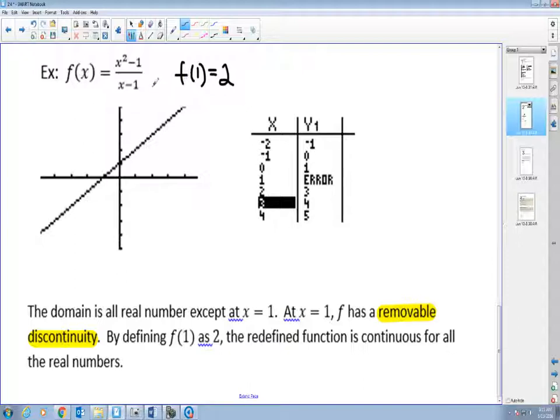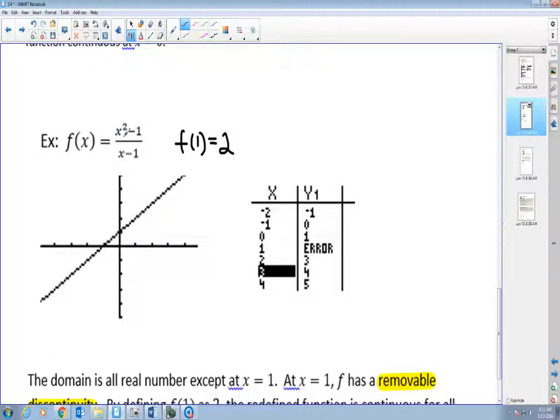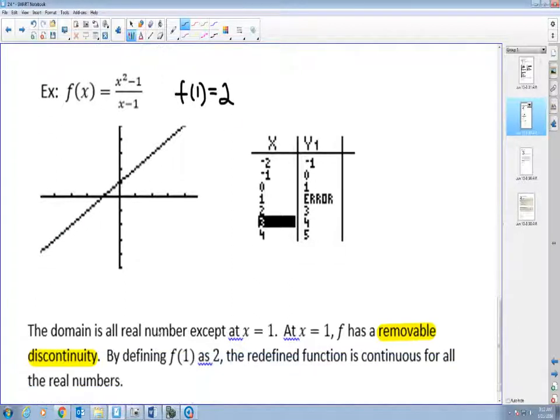If you really think about it, this is a rational function, but when I graph it, it becomes a linear function. It looks like a straight line. Even though typing this function in at x equal to 1 gives me an error, I can redefine it to make a new function, a linear function, and the new function is continuous for all real numbers.